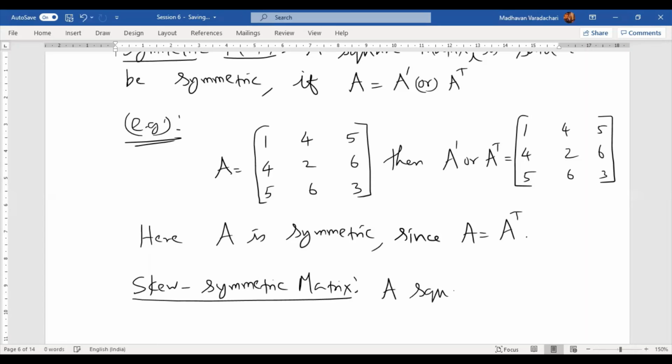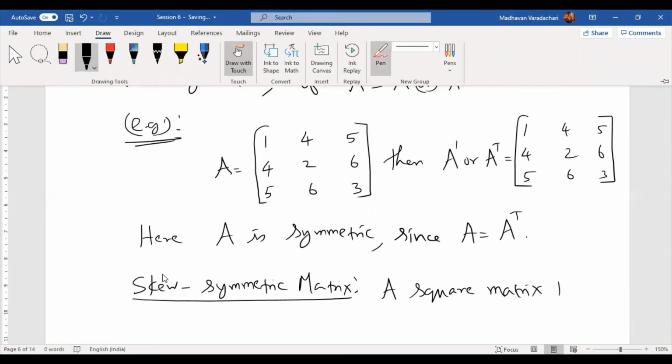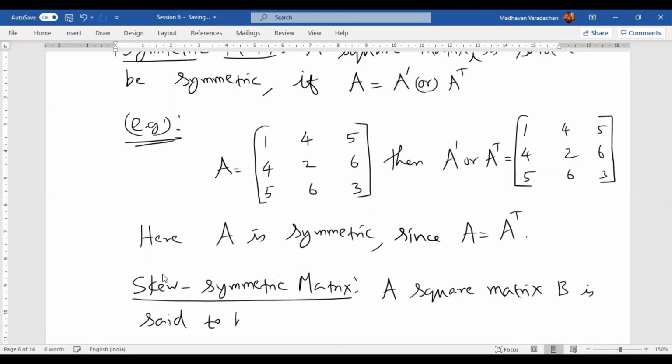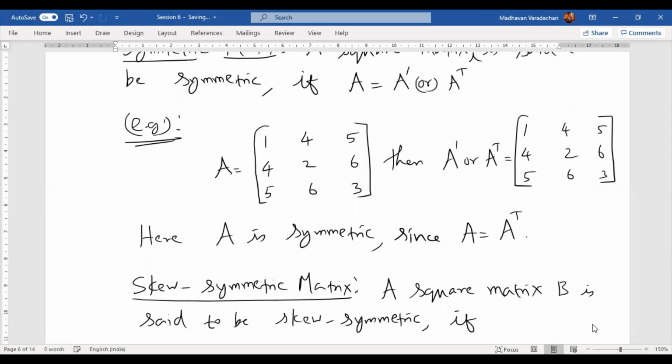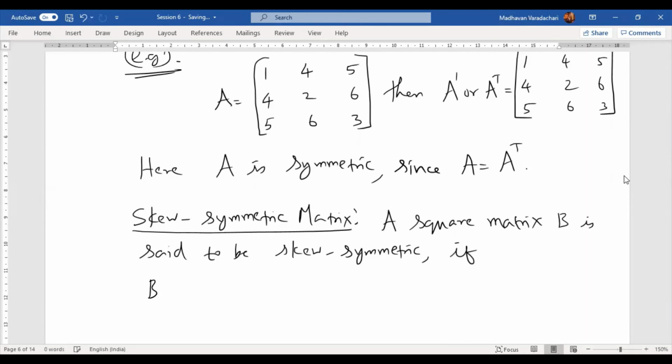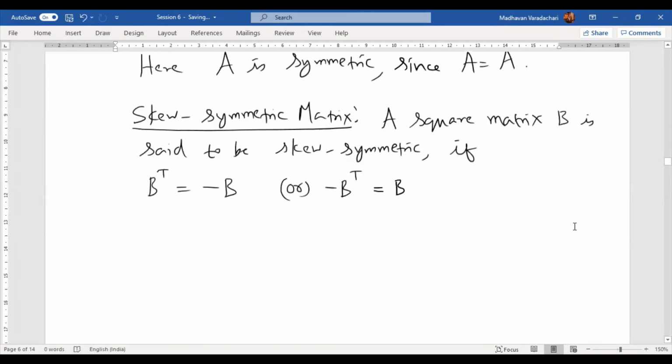Definition: a square matrix B is said to be skew symmetric if B dash or B transpose is equal to minus B, or if I multiply both sides by minus 1, what will happen is minus B transpose is equal to B. Either this or this. Example.